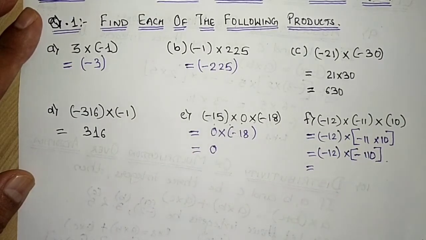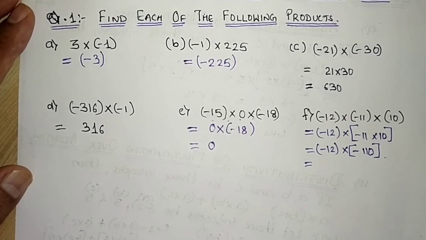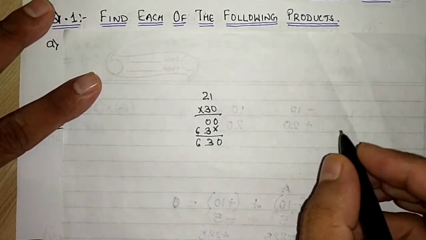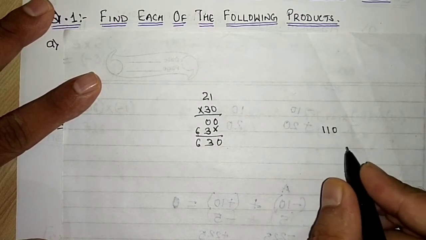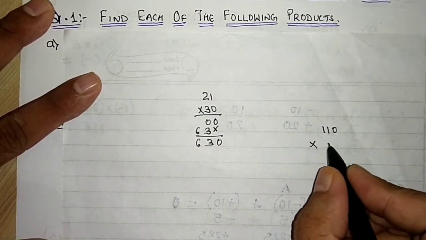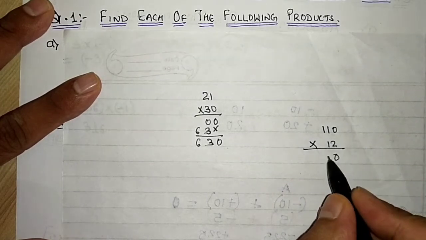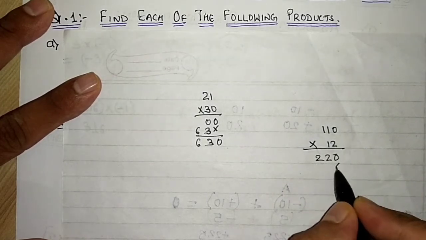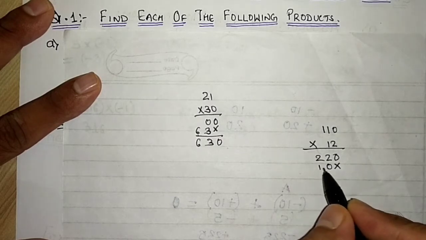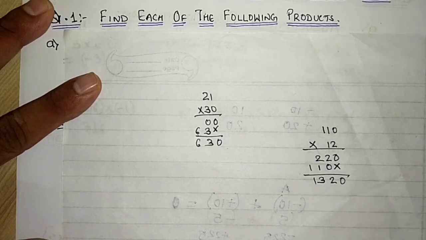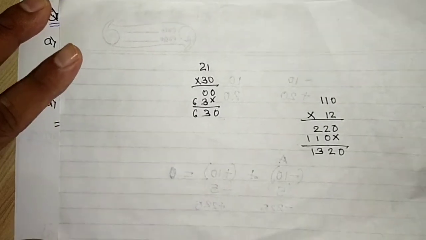Now multiplying minus 12 with minus 110 will give me, let us solve on rough page, 110 into 12. 2 zeros are 0, 2 ones are 2, 2 ones are 2, 0, 1 and 1. Your final answer will be 1320.